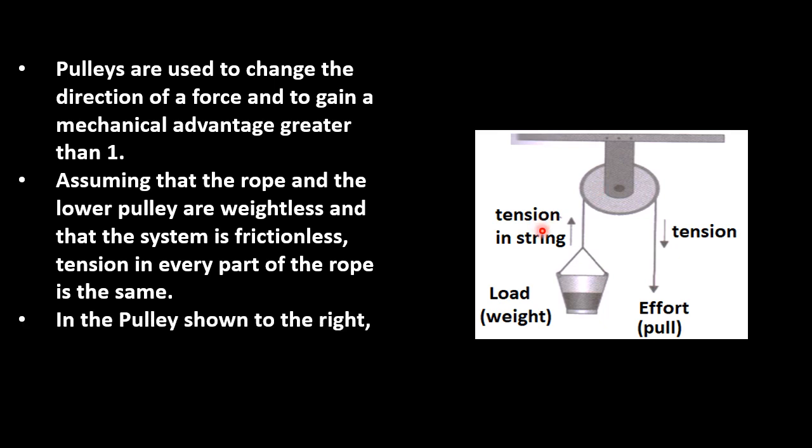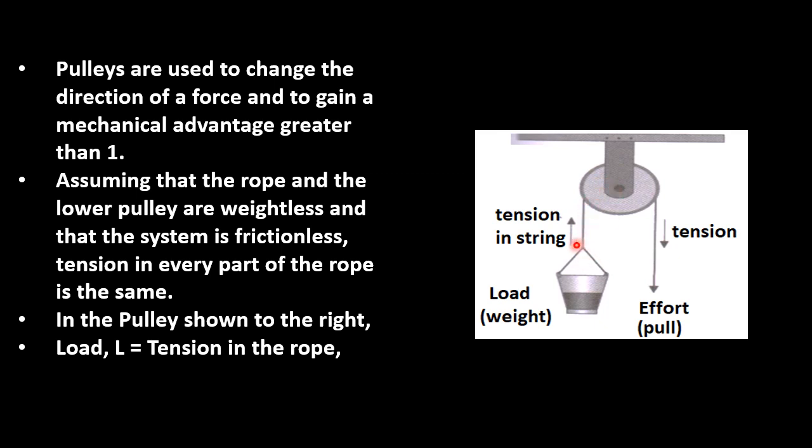The pulley to the right, this pulley here, the load L is equal to tension in the string, in the rope. So for this load to be lifted up, the force applied must be equal to the load itself. Then this is going to be lifted up.